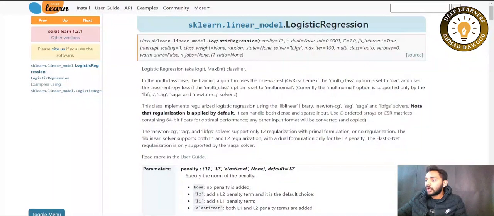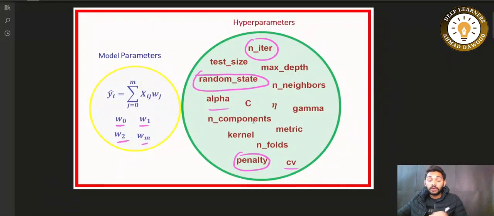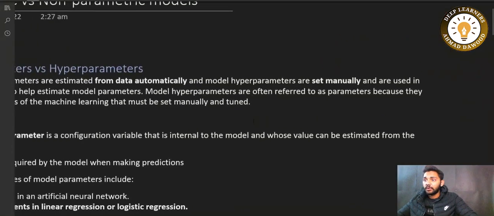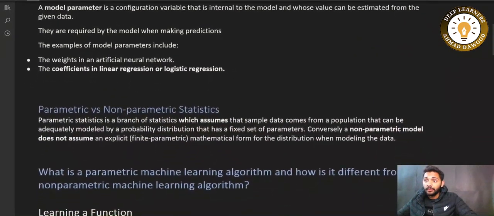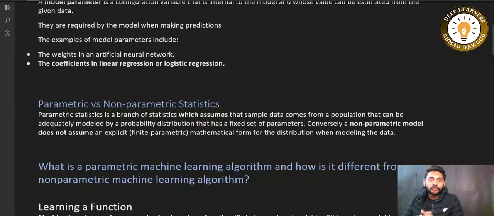Okay, so now come back and start to discuss today's lecture, which is about parametric models and non-parametric models. So in the context of statistics, parametric statistics is a branch of stats that always makes some assumption about the sample data.